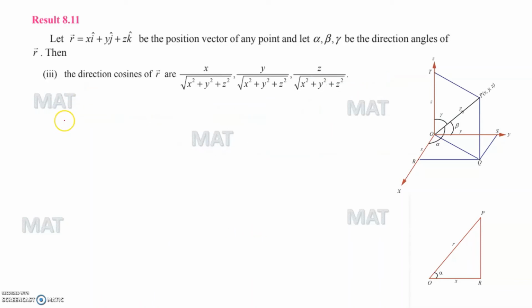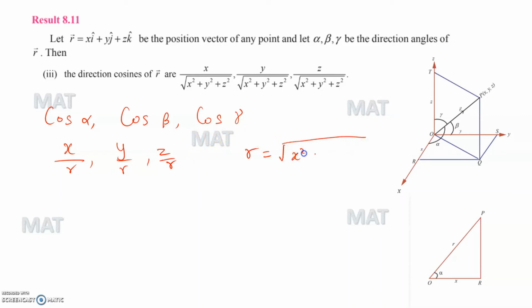The third result says that the direction cosines of vector r are x by square root of x squared plus y squared plus z squared, and similarly the other two. Now, we can say that our direction cosines, which are cos alpha, cos beta, cos gamma, are expressed as x by r, y by r, and z by r. Now, we know that r is equal to square root of x squared plus y squared plus z squared.